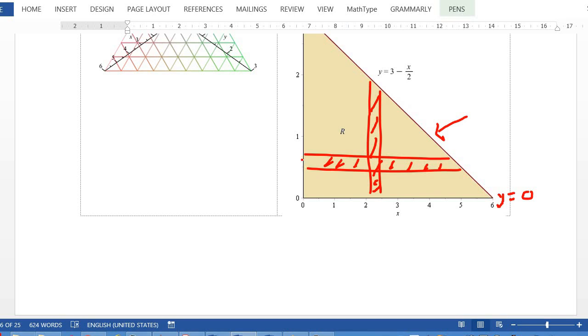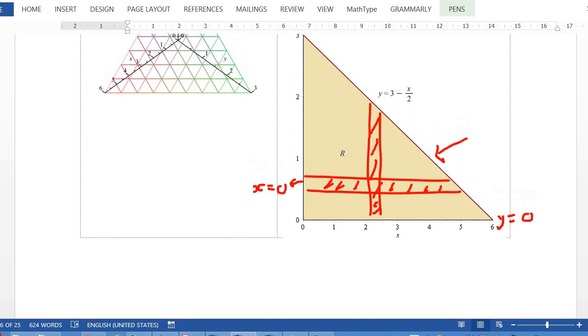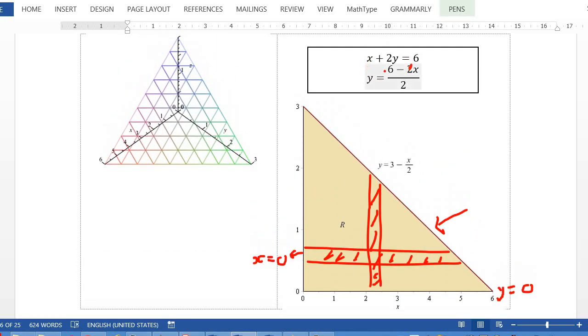Hence, the horizontal bar touches the left curve, this one the y-axis, which is x equal to 0, until this curve, which is from x plus 2y equal to 6, then x will be equal to 6 minus 2y.